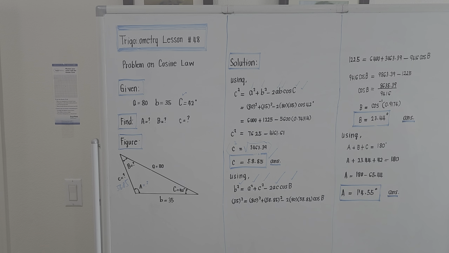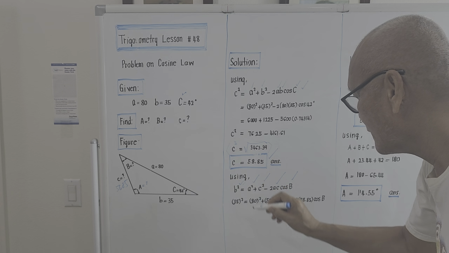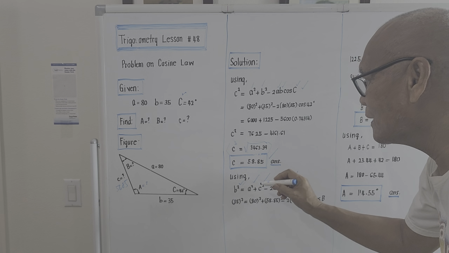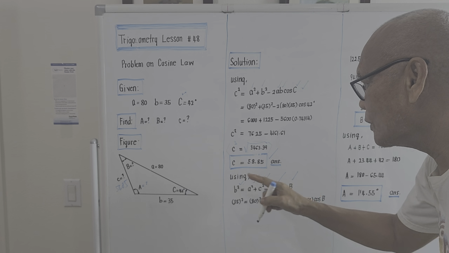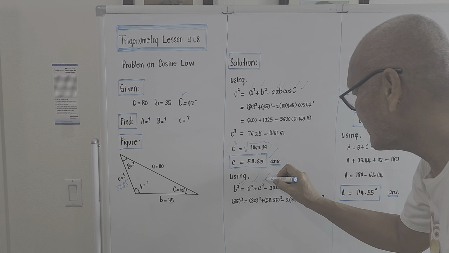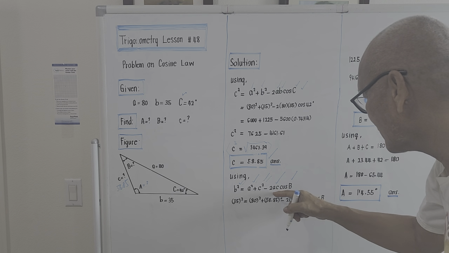Are we given side B? I think we are given side B. We are given side A. We have computed for side C. So 2AC is given.